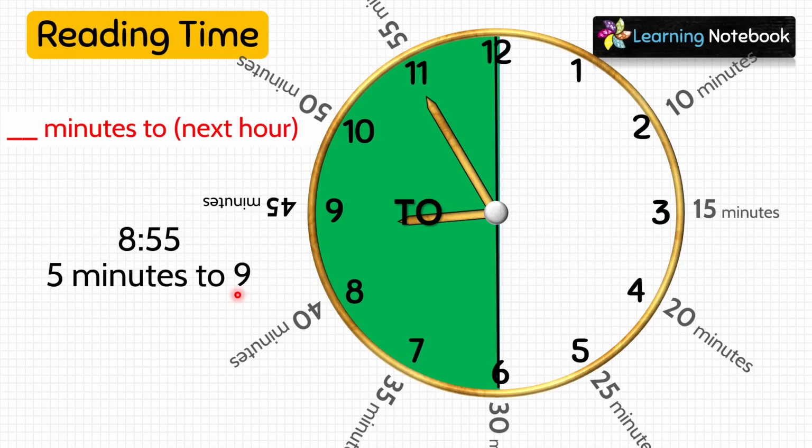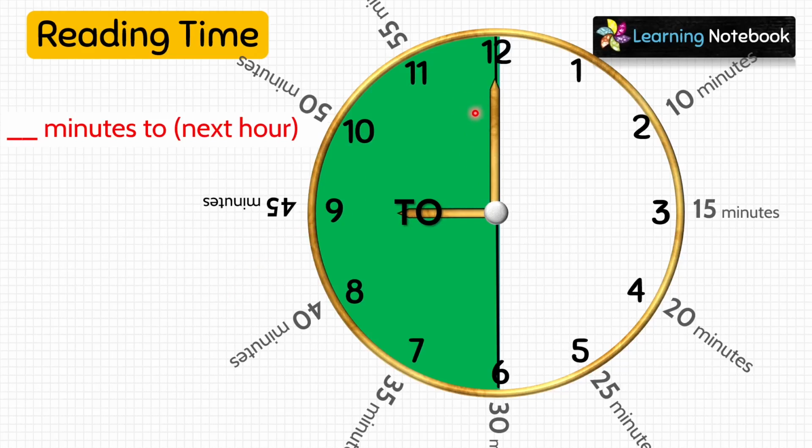Now when the minute hand moves to 12, we simply read the time as 9 or 9 o'clock. So students, now I'm sure you have understood how to read the time in a clock when the minute hand is at any number.